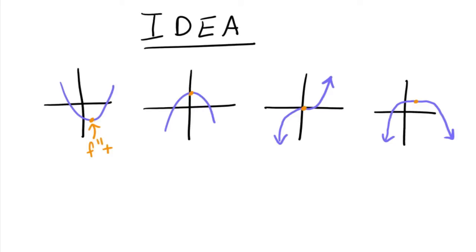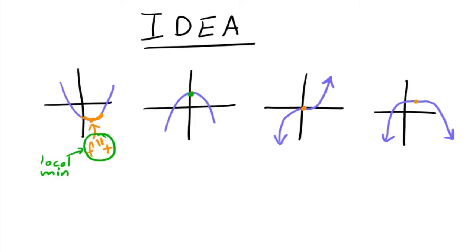If you have a critical point and the second derivative is positive at that point, no longer having to test around the point, simply at that point, then you're going to have a local minimum. This would save you some time because you don't have to test around it, only at the point.